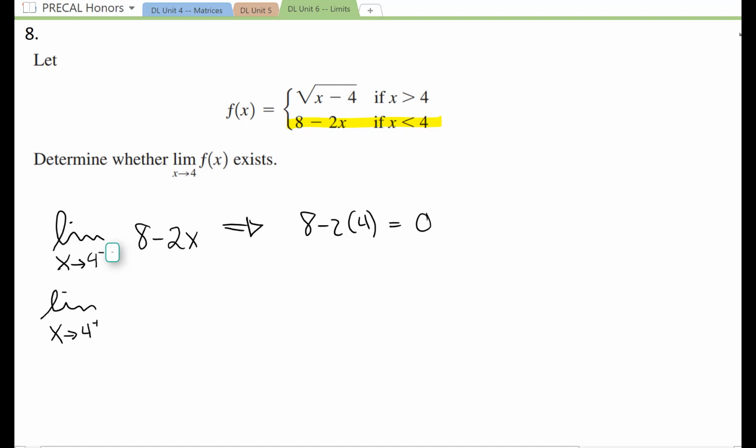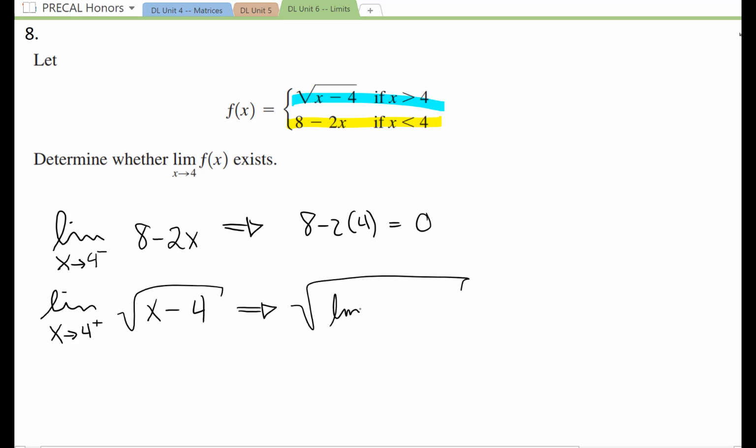And as we approach 4 from the right, we use the first part of the piecewise function for x is greater than 4. Which is the same as the root of the limit as x approaches 4 from the right side of x minus 4.